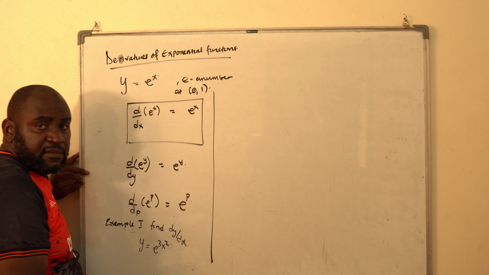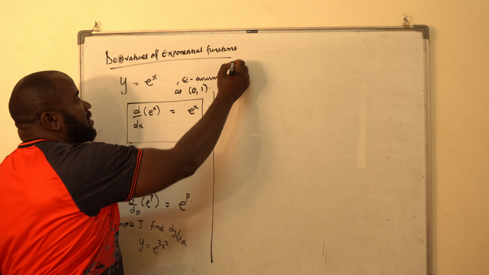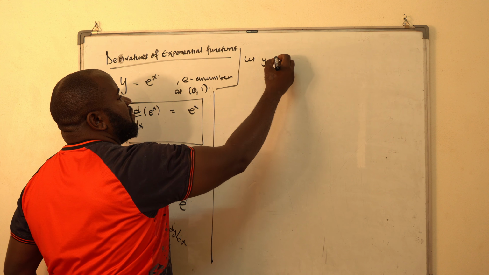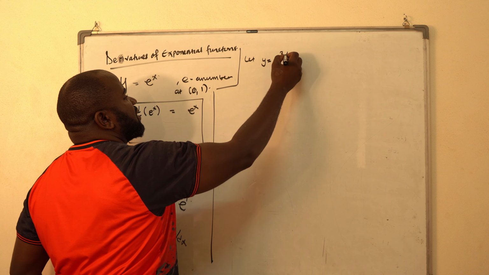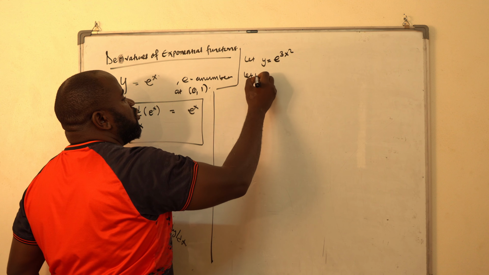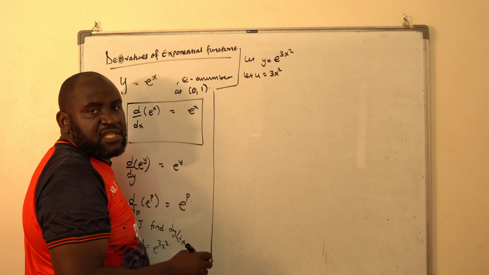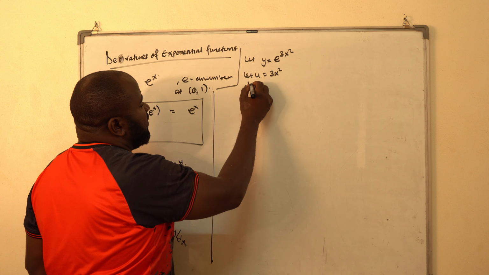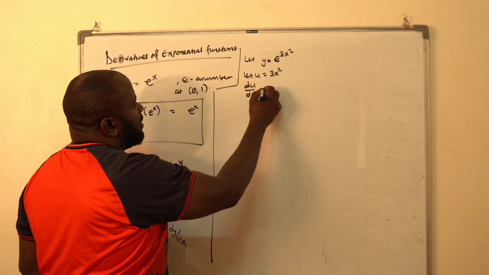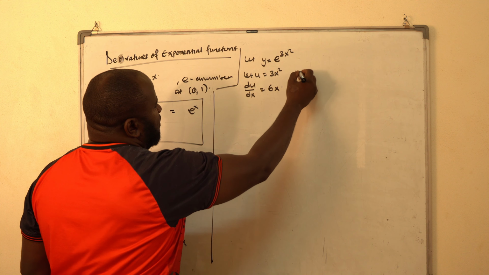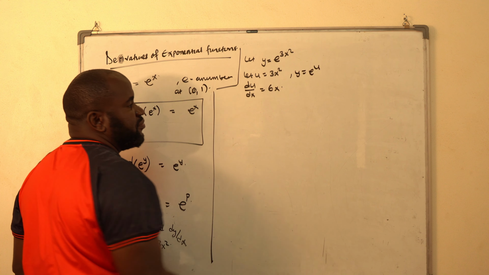In this case, we shall let y be equal to e of 3x squared, and let u be 3x squared. If u is 3x squared, then the derivative of u with respect to x is 6x. That means y will become e of u.